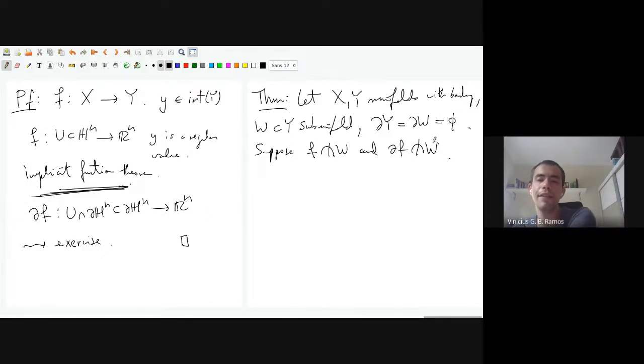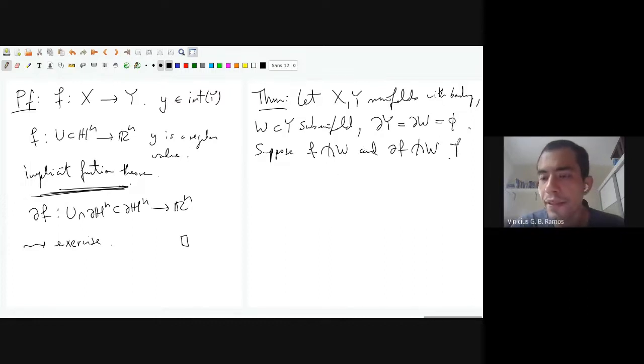You need the second condition, and to see that this is necessary, just think about if W was just a point, then you would need both things, because transversality with a point is the same as the point being a regular value.